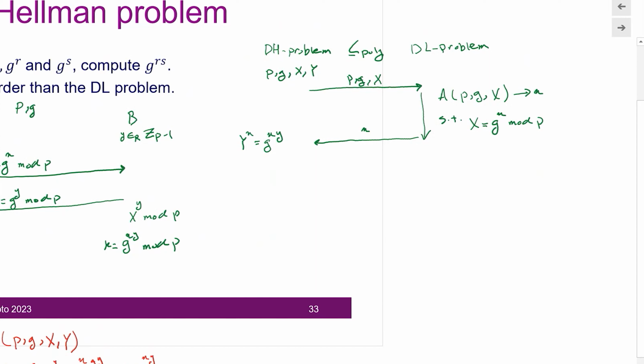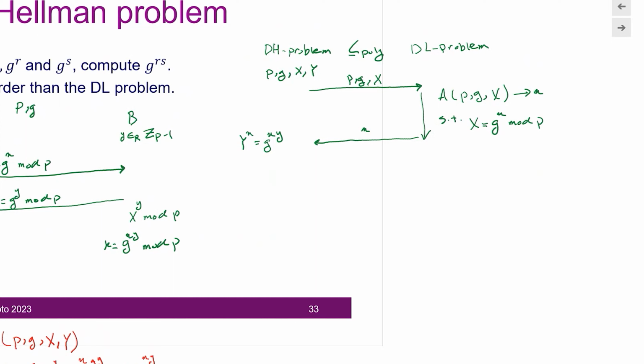So we know that the discrete logarithm is a hard assumption, so this attacker shouldn't exist. And that implies that Diffie-Hellman is also a hard assumption. So there is a correlation between the Diffie-Hellman problem and the discrete logarithm problem.